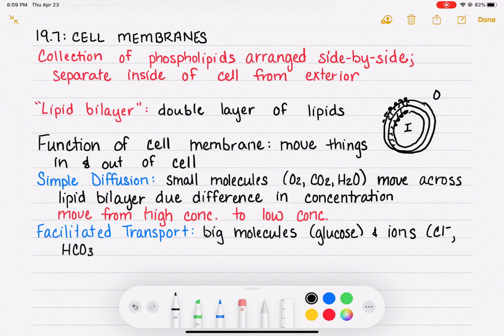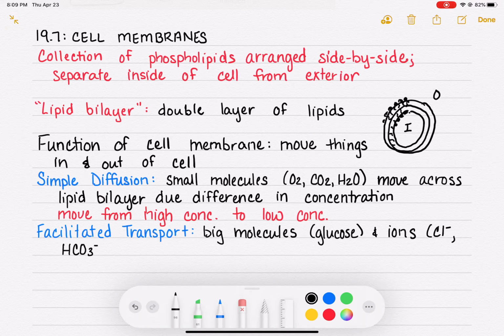This isn't where we move all of our ions, just some of them. We're moving big molecules and ions through proteins we call protein channels. So these are like gaps or kind of like tubes inside the cell membrane that help move the big molecule and these particular ions through the membrane.